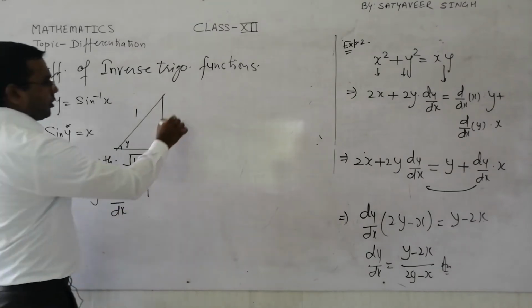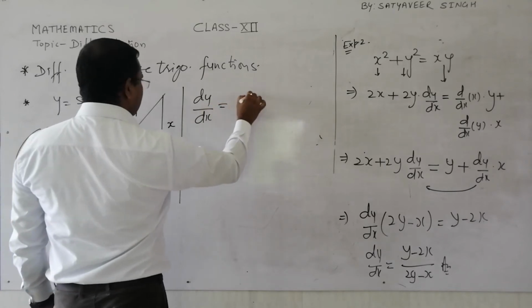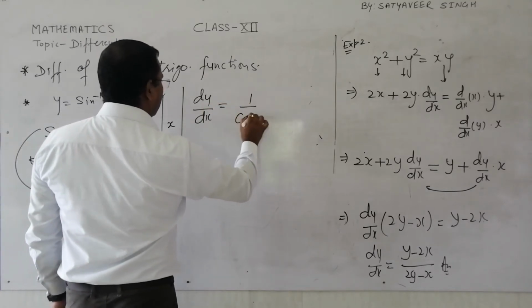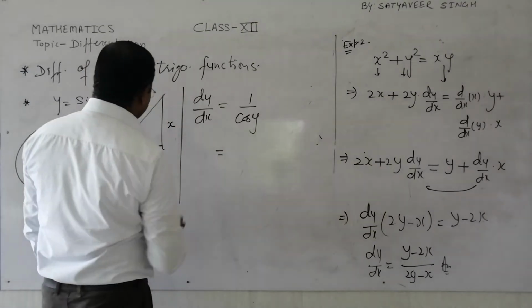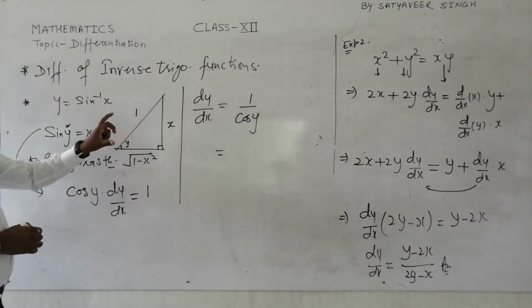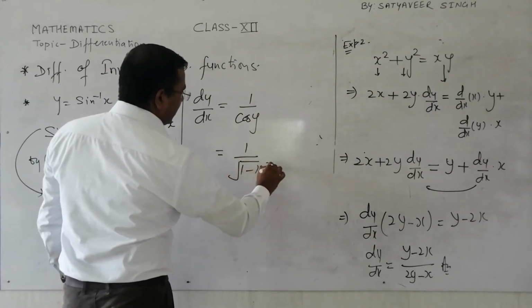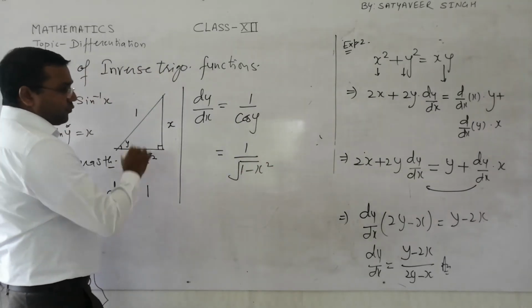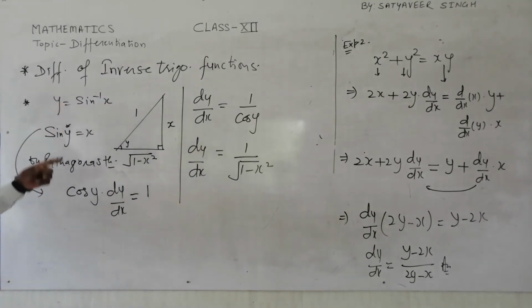If you find from here dy by dx, it is 1 upon cos y. And what is cos y? If you see with the help of this reference triangle, you will find it is root 1 minus x square.